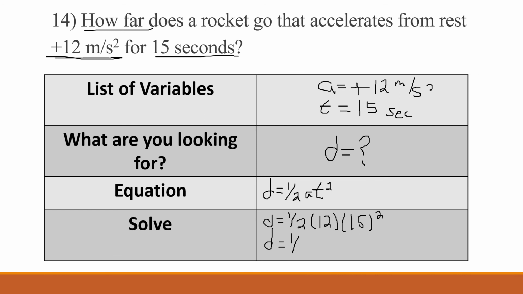So I bring everything else down. I cannot stress this enough. You only square the time. That's why I've been showing you how to do the work like this, because people have been messing things up, but you only square the time. 15 times 15 is 225.